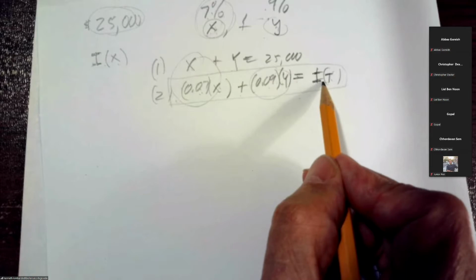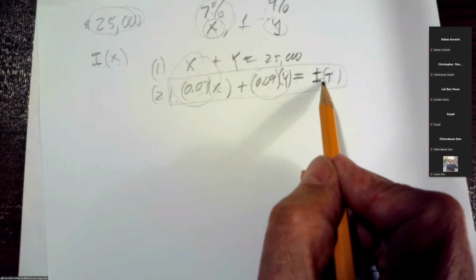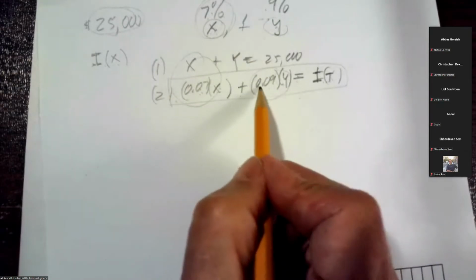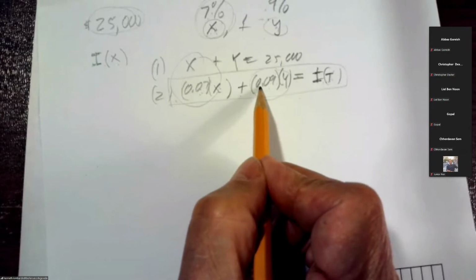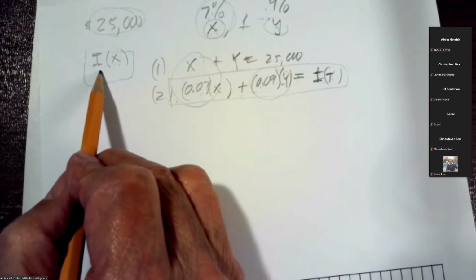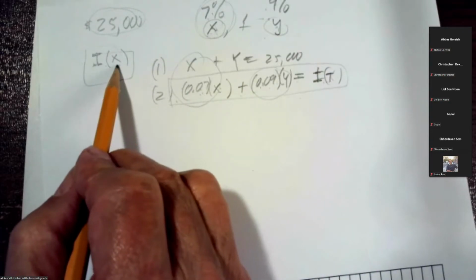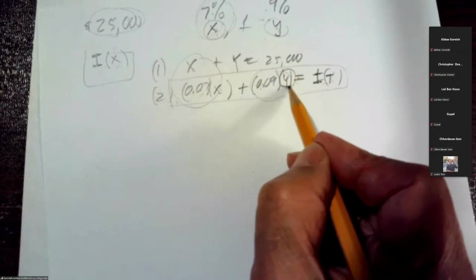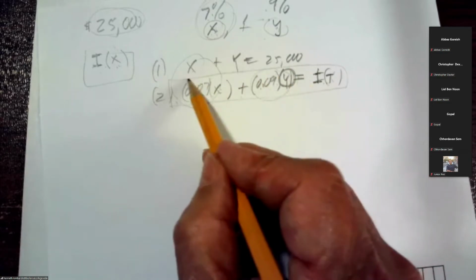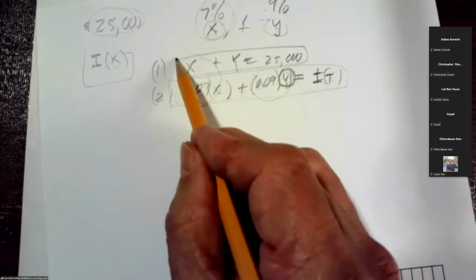So do we have enough information then to figure out, let's see, what can we figure out here? Well, say we want to figure out total interest as a function of X. That means we're going to have to do something with this Y value, don't we? And we can solve for Y from the first equation, can't we?